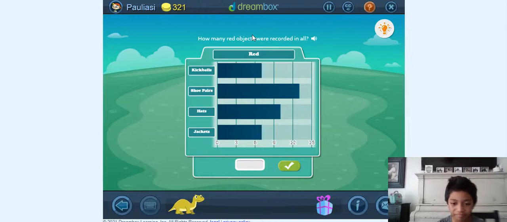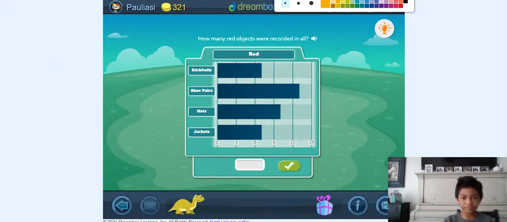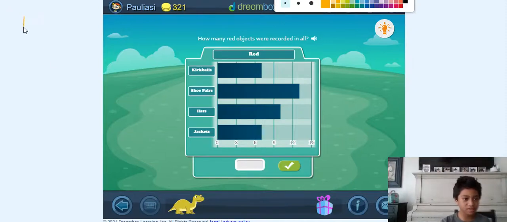There were 10 hats, and then there were 7 jackets. So 7 plus 10 equals 17. That's still not the answer, so we can't put that in just yet. So let's just write 17. Now these two are crossed off.